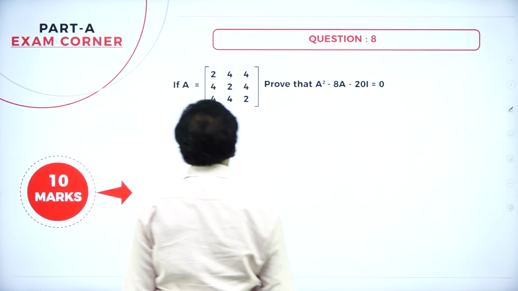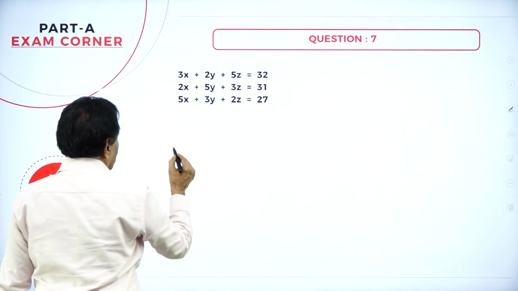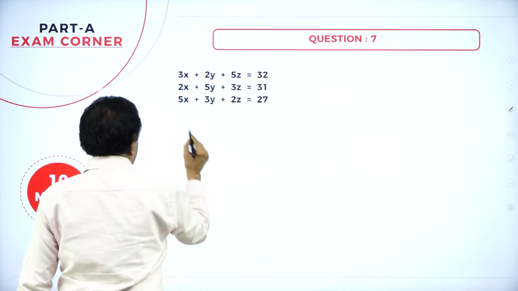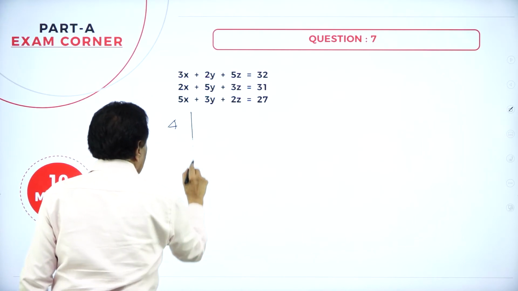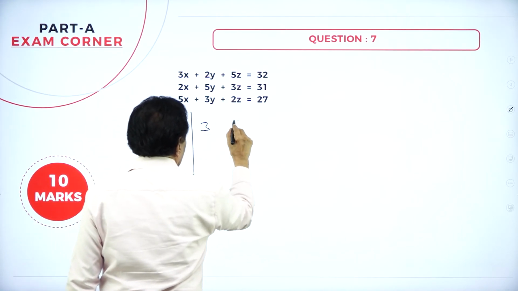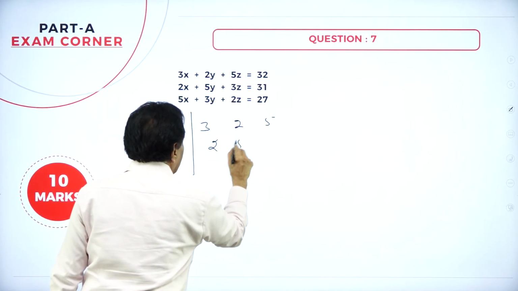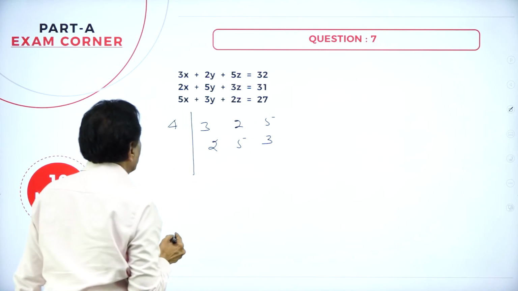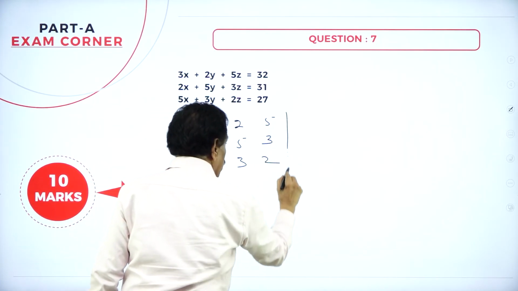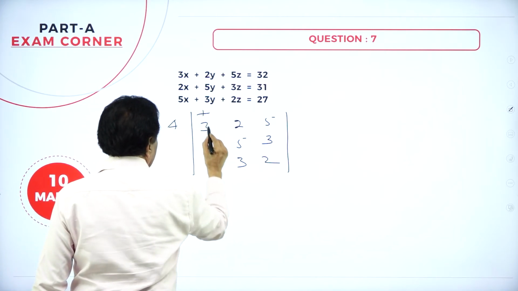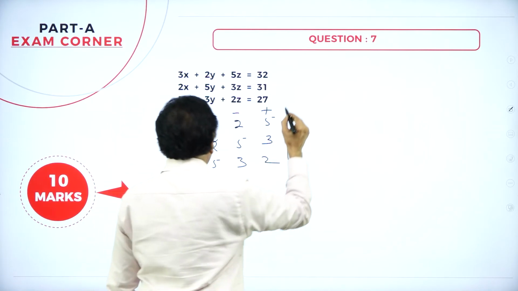Next, we'll go here. Cramer's rule. Delta, first one. 3 2 5, 2 5 3, 5 3 2. This is plus, this is minus, this is plus. So go with this 3.